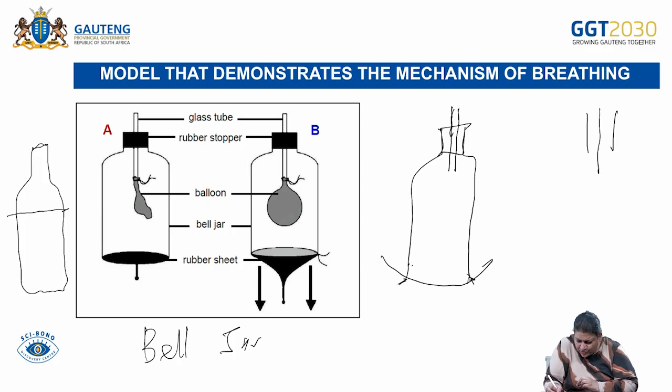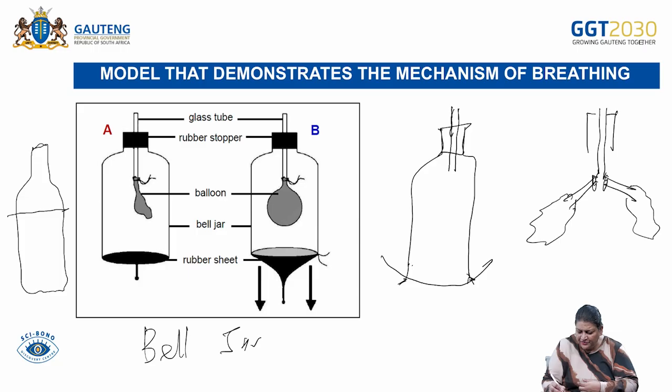You're going to put your glass tube in. So here's your rubber stopper with the opening, and then you're going to take a little straw there and a straw there and tie it on the outside, okay? And then you're going to take little balloons, and you're going to tie the balloons there very firmly. So these balloons represent your lungs, and here's your rubber stopper, okay?